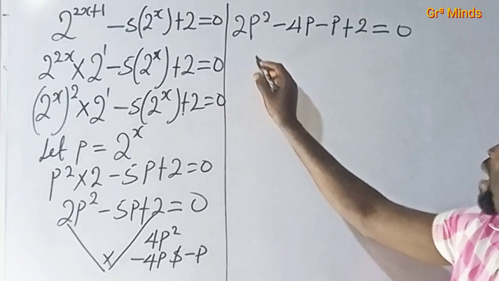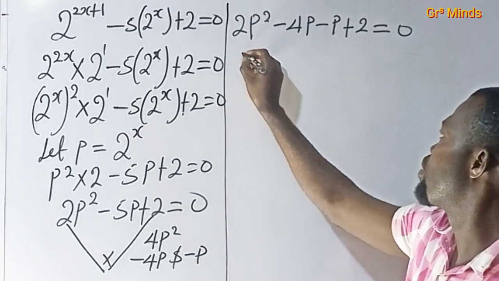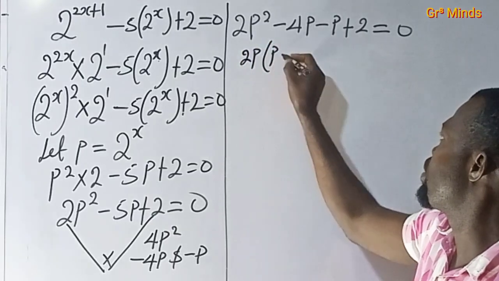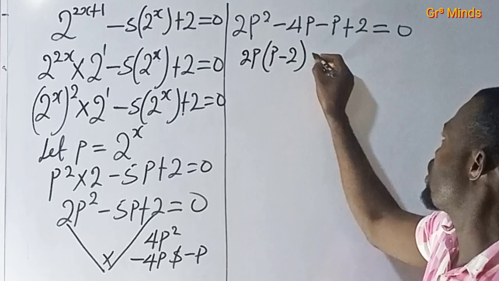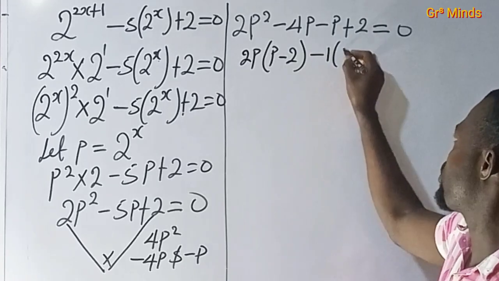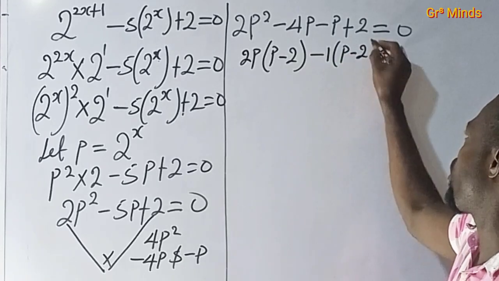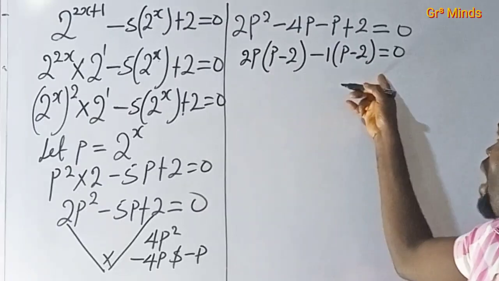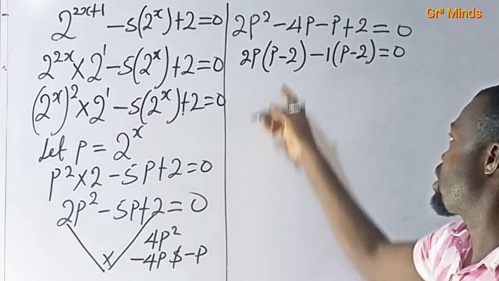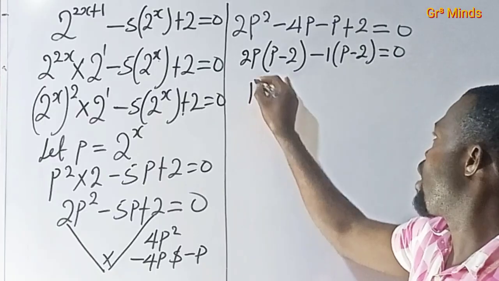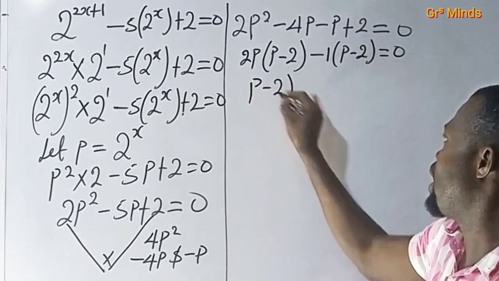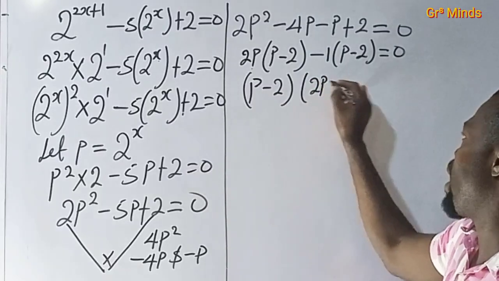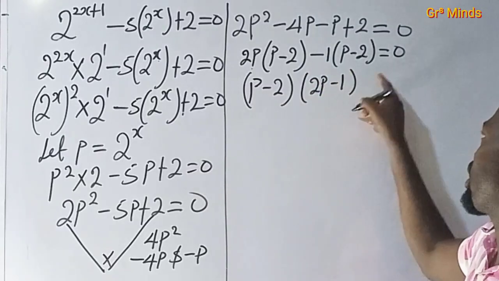Now, factorizing out, we are going to have 2p into p minus 2, minus 1 into p minus 2, all equals 0. Now we have two common brackets. We take one so that we have p minus 2 into 2p minus 1 to form the second bracket.